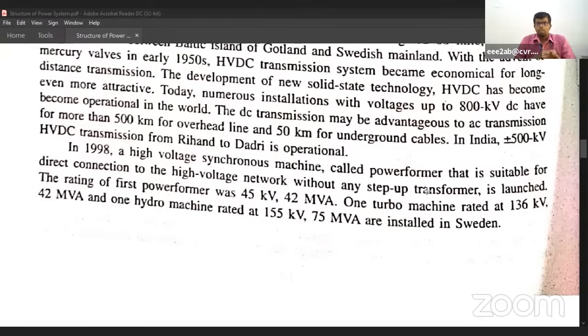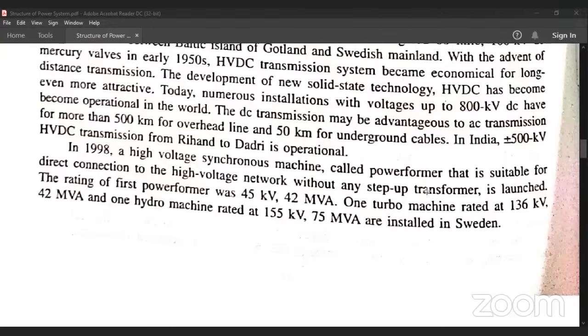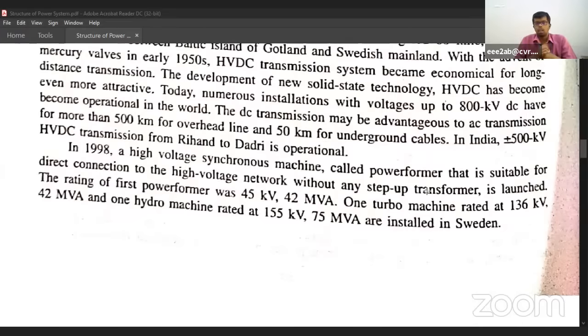Just remember a little bit of the years, as that will help for writing, and a little bit about the advantages of the HVDC system over the HVAC system. Don't worry, you are going to study the entire thing in detail in forthcoming years. This is just an introduction. In the next class we'll see the structure of power systems. With this, I'm going to wind up today's class.